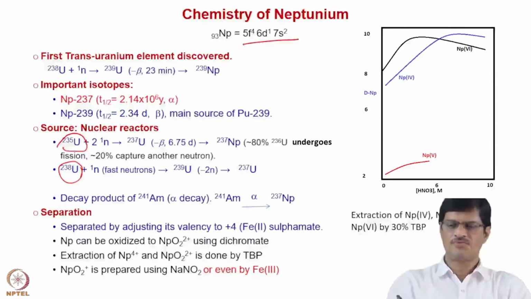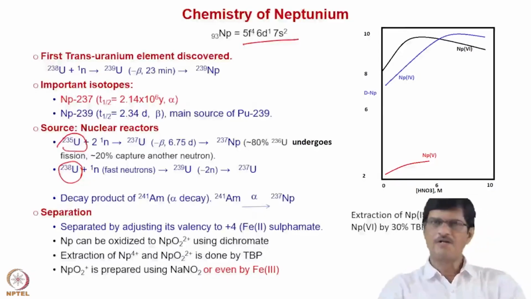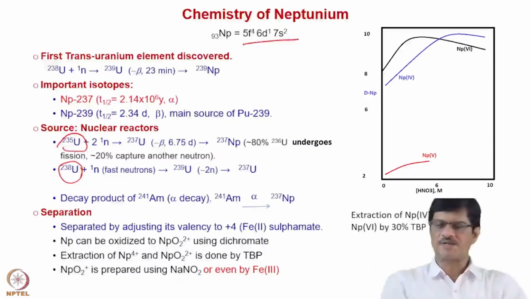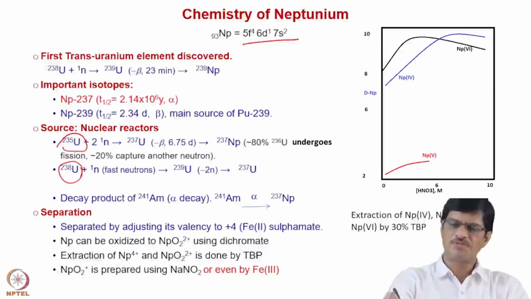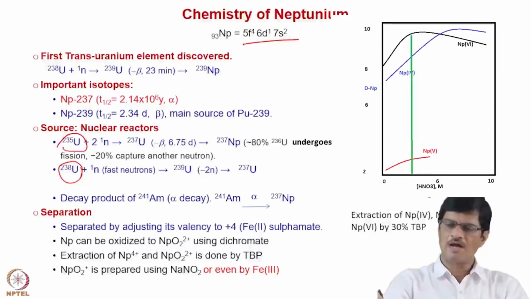I've shown this figure here on the right side, where you see how neptunium 4 is extracted as a function of the nitric acid concentration, and neptunium 6 extraction is also given. At lower nitric acid concentration, neptunium 6 extraction is higher, and at higher nitric acid concentration, neptunium 4 extraction is higher.